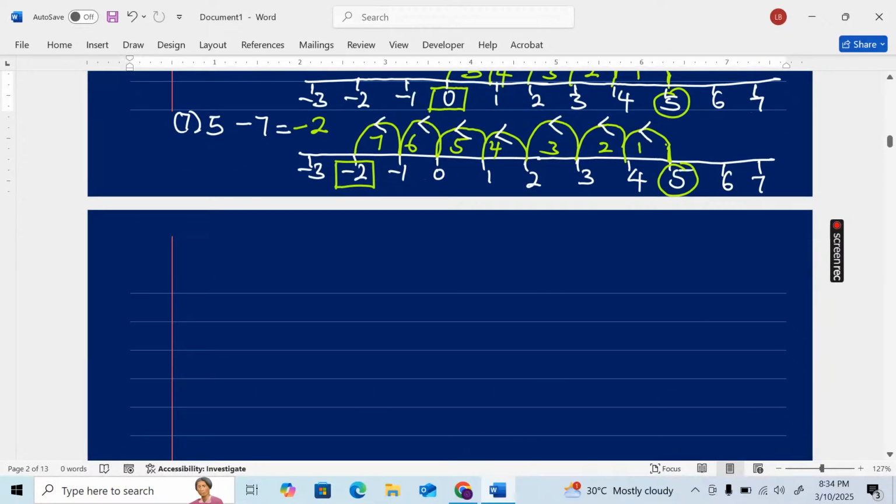So still talking about positive and negative numbers.